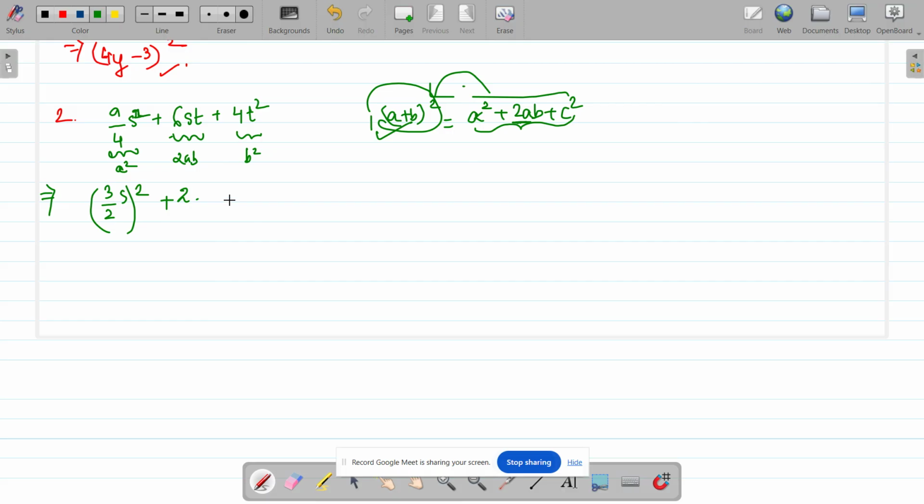We will find a as 3 by 2 s. So what do we have left to get 6st? See, 2 into 3 by 2 s, the 2 will get cancelled. So what are we left with to get 6?